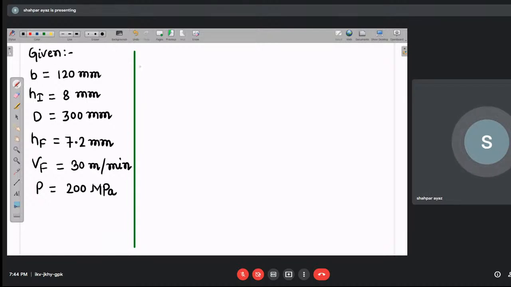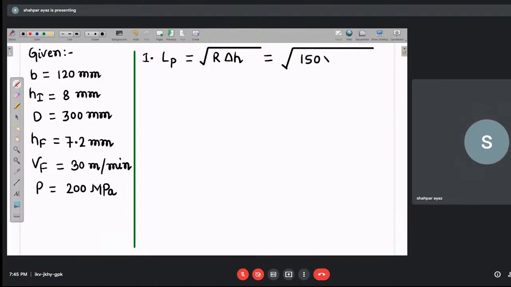First of all, the first step we are going to calculate is the projected length. Step 1 is the projected length. Projected length is root under R delta H. R is 150, delta H, initial minus final, means 0.8.